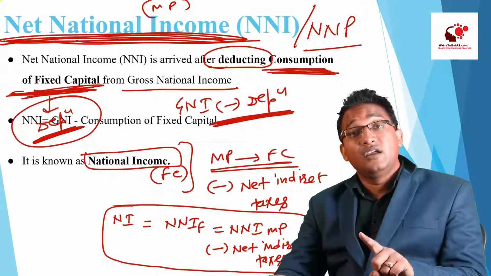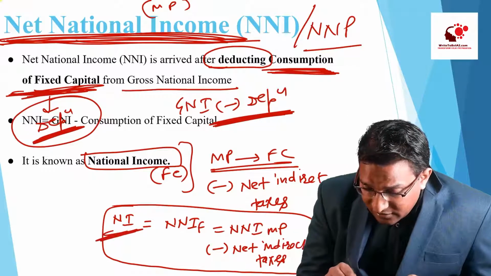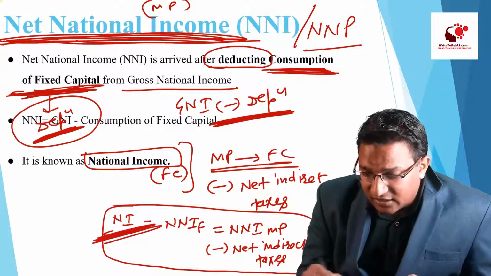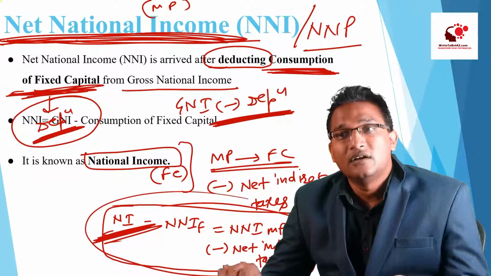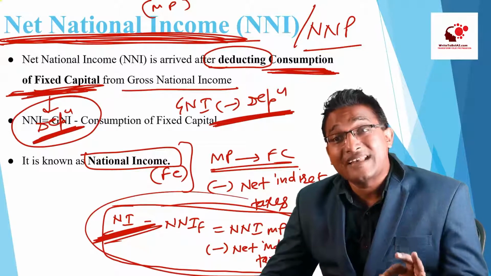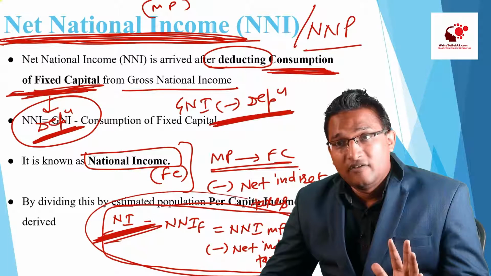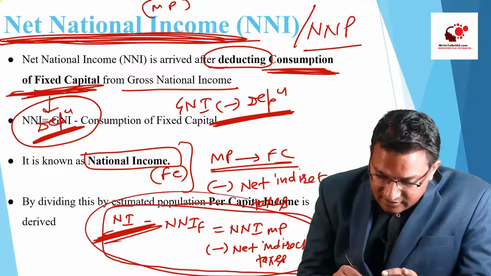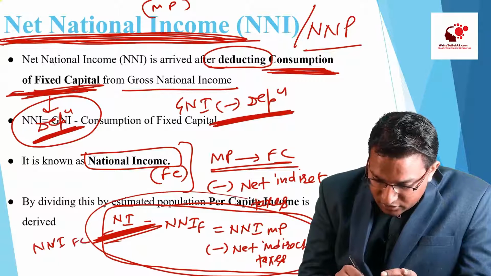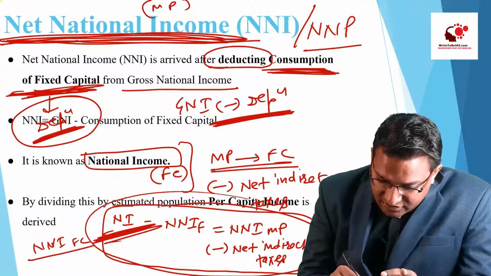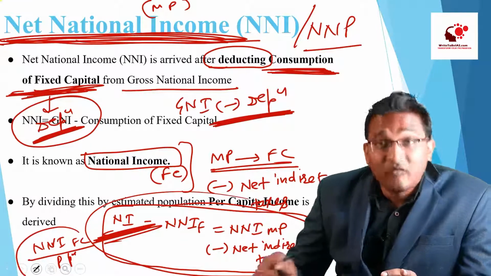So in the economic survey, if you find this term national income, this will mean this thing. When we divide this NNI at factor cost by the estimated population, we get what?